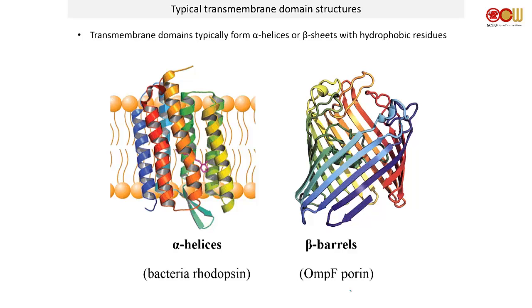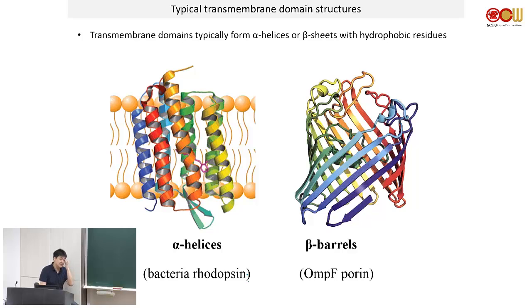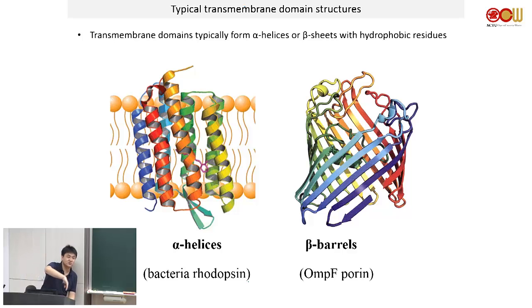So, for example, if you take a look at bacterial rhodopsin, this enzyme has a vitamin A inside it. It absorbs light. After it absorbs light, it can pump a proton to the other side of the membrane, and as the proton comes back down, you can generate ATP. So bacterial rhodopsin is a very useful enzyme for organisms that can absorb light. And what you can see is that for bacterial rhodopsin, the transmembrane domains are made out of alpha helices.